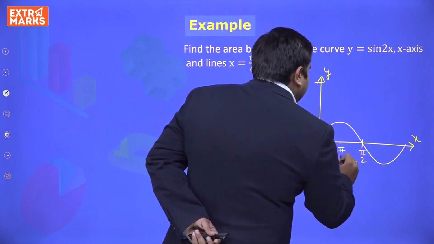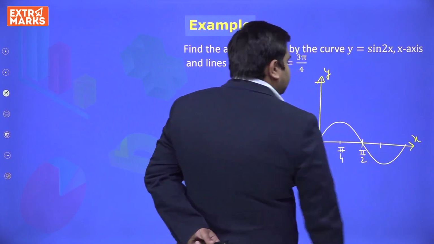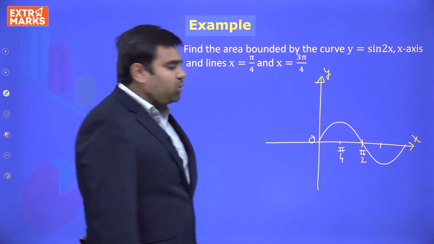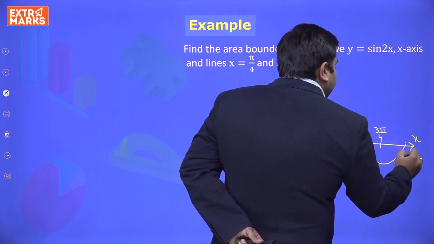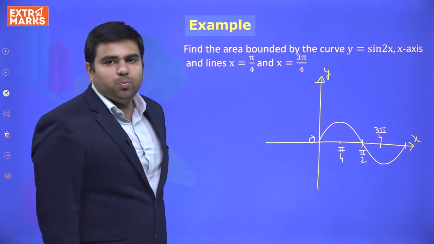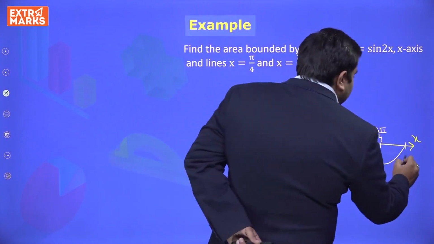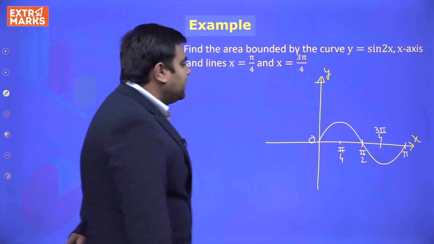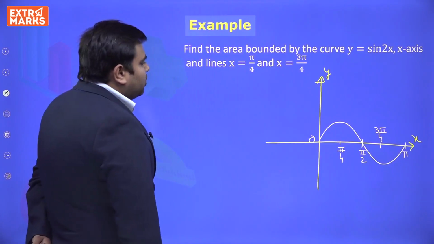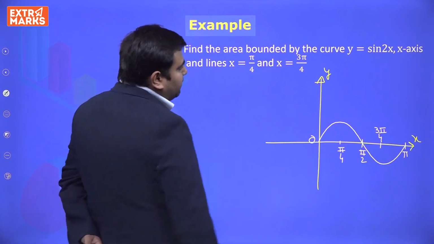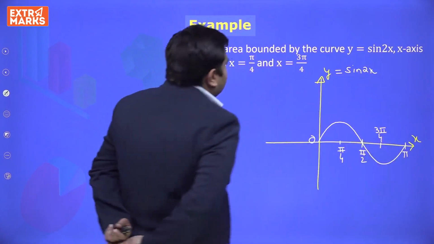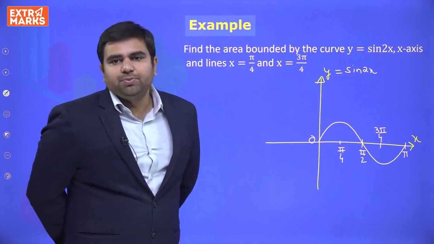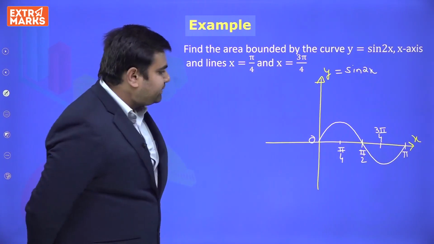This is pi by 4. This is 3 pi by 2, so this would be 3 pi by 4. And this is 2 pi, so this would be 2 pi by 2, and this is pi. Right? So we need to obtain the area bounded by y equal to sine 2x between x equal to pi by 4 and 3 pi by 4, right?